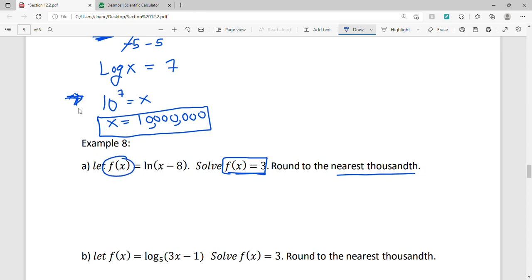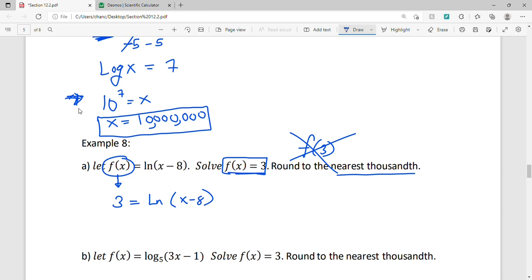We're not substituting a 3. This is not f of 3. That's a different question. So what we want to do is rewrite this as 3 equals the natural log of x minus 8. And I want to solve for x.